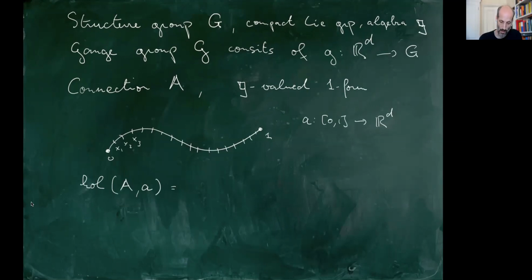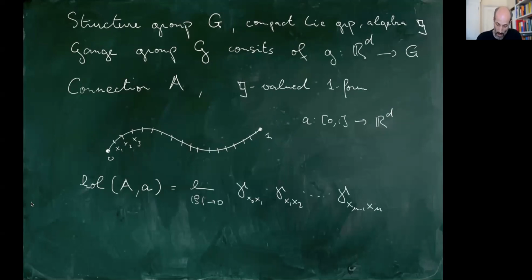If you want, I can think of it as being the limit as this partition goes to 0 of gamma(x0, x1) times gamma(x1, x2) times and so on times gamma(x_{n-1}, x_n), right?